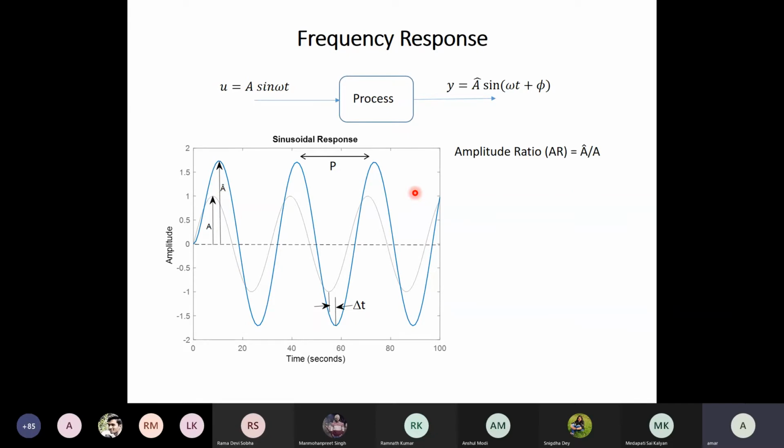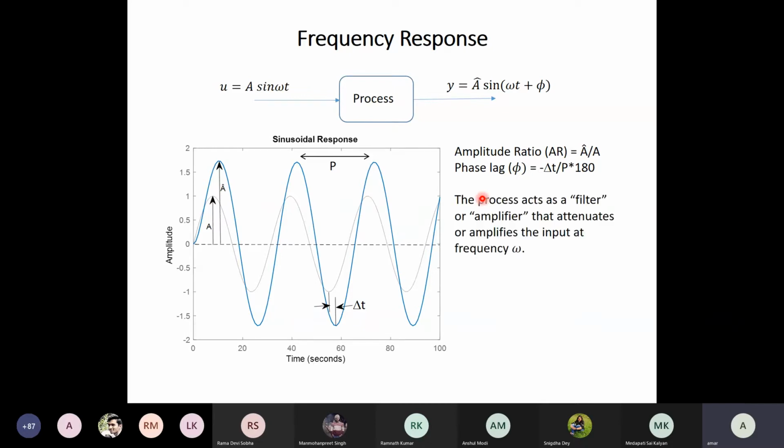One of the characteristics is the amplitude ratio, that is, the amplitude of the output divided by the amplitude of the input. Then you have the phase lag, which can be calculated from the time difference delta t divided by the period of oscillation, multiplied by 180 degrees.